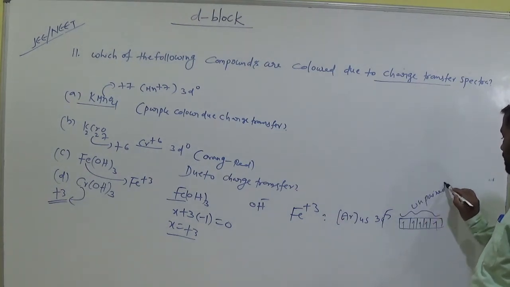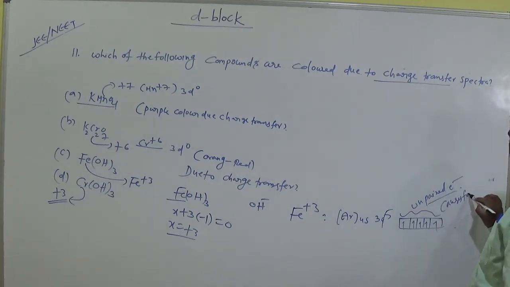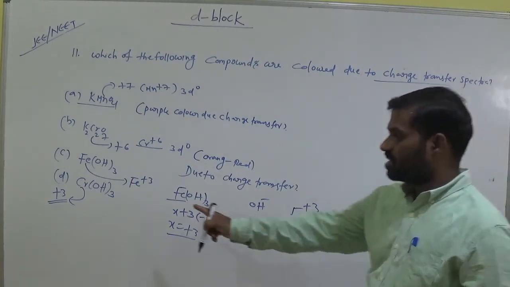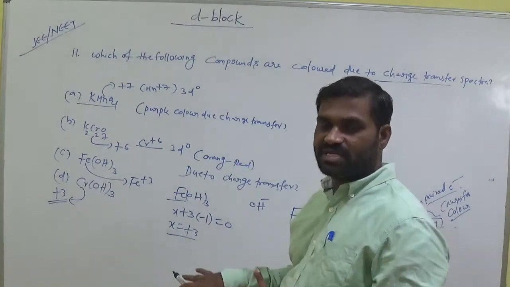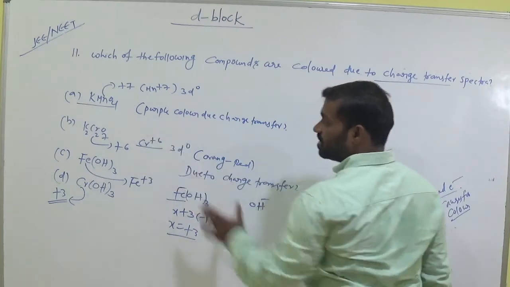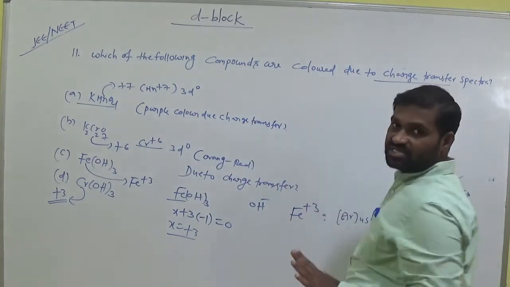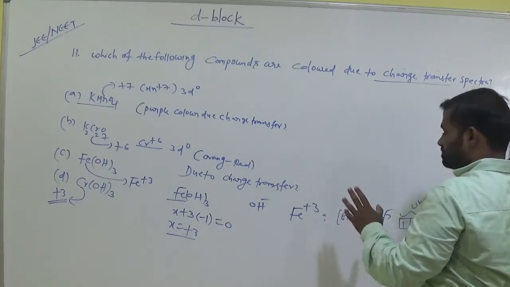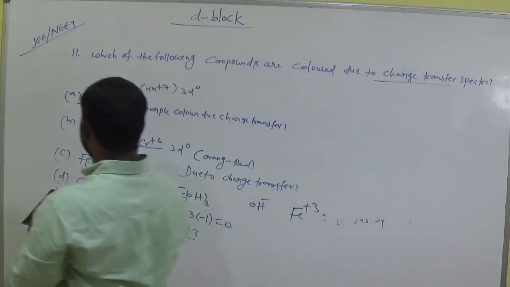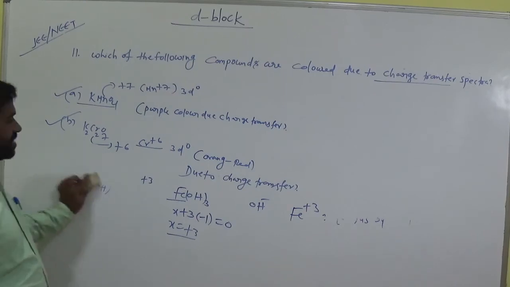Unpaired electrons cause the color, not charge transfer. These two also exhibit colors, but due to presence of unpaired electrons. But in the above two compounds, the main factor to show the color is charge transfer spectra. Is it clear? So which is the correct option here? These two are the correct ones, A and B.